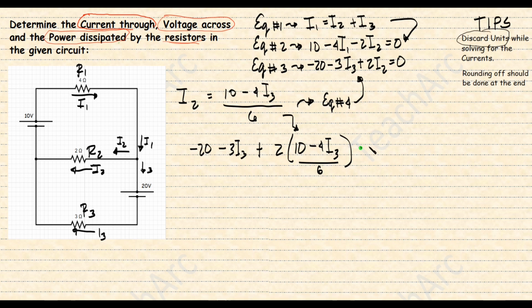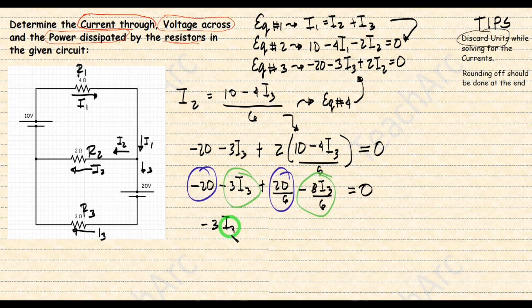But again, there are many ways on how you can solve this one. This is just my way. And to simplify this further, as usual, we combine all the like terms. And finally, we have the value of I3 here. I3 is equal to negative 3.85 amperes.